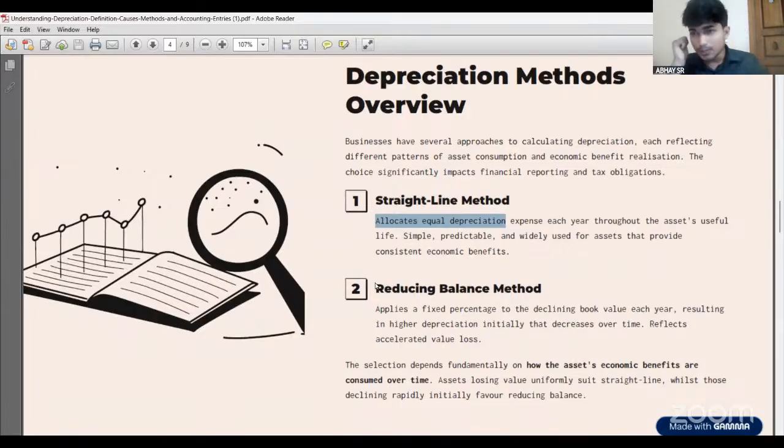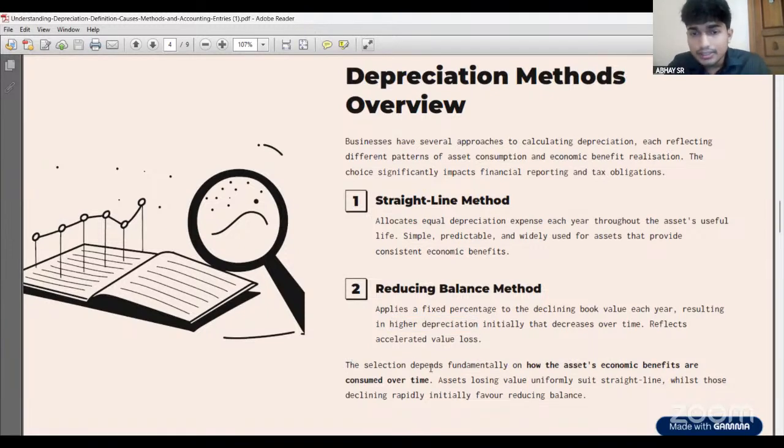When there's a fixed percentage and initially there would be higher depreciation, then we are adopting the reducing balance method. Practically, if you start working, you would know that they prefer the reducing balance method. So here's a key on when to use these methods.